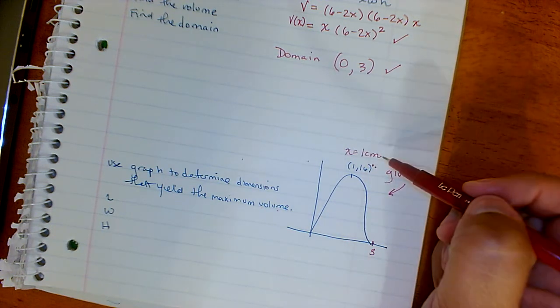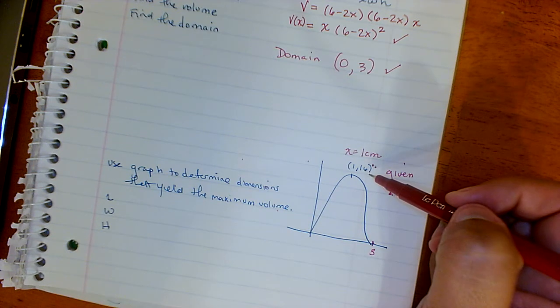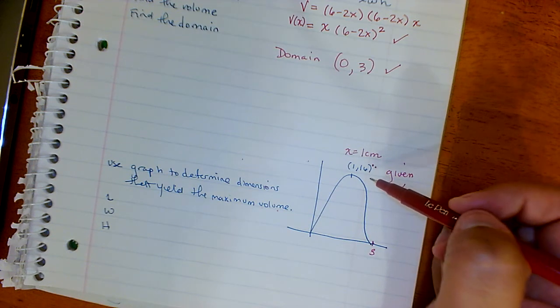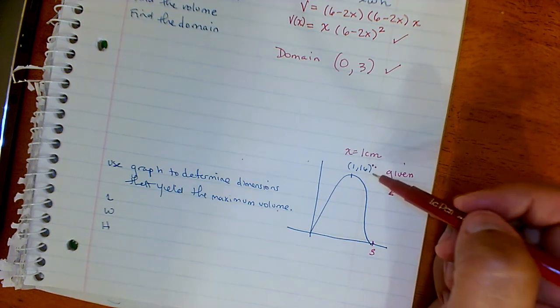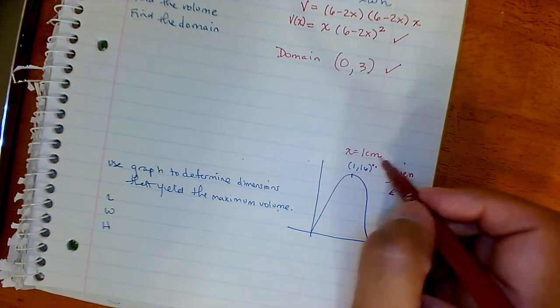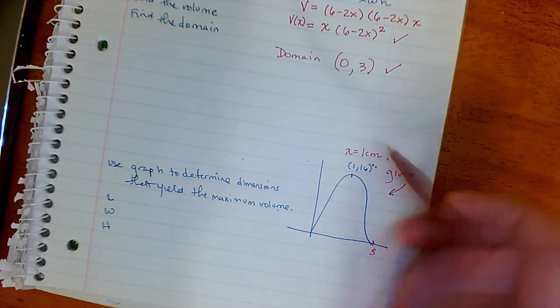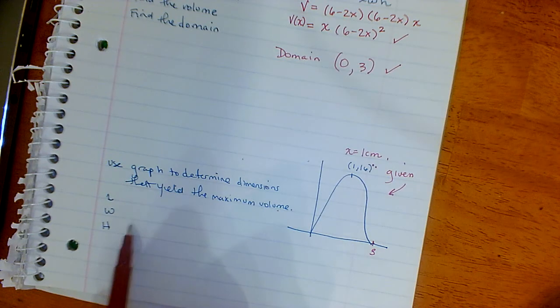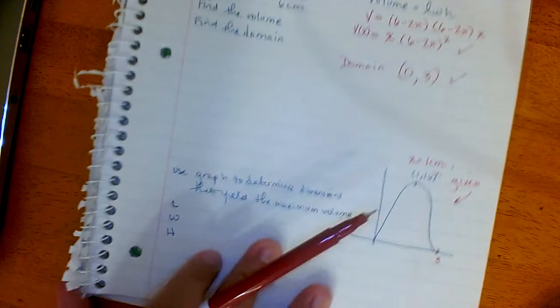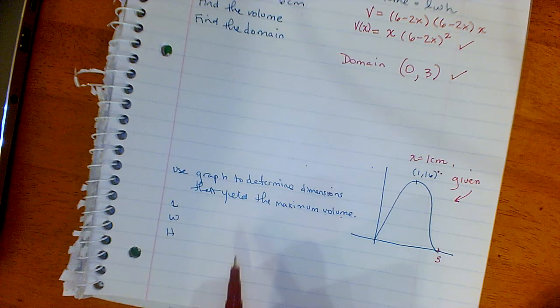And when x equals 1 centimeter, it's going to spit out for me a volume of 16 centimeters cubed. And so we know that we can cut away 1 centimeter, and they want to know, if we're cutting away 1 centimeter, what are the length, width, and height of the box that we're creating going to be?